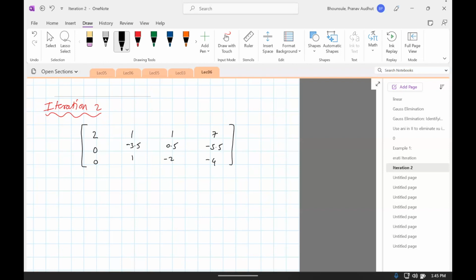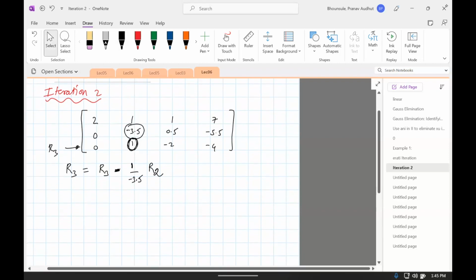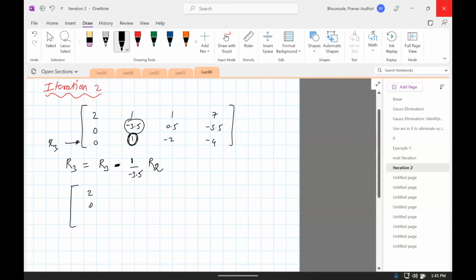Okay, now I'm going to eliminate this one using this as the pivot. So new R3 is the old R3 minus, I need to divide by negative 3.5 and multiply with 1, that comes here, times row 2. 2, 0, 0, 1.